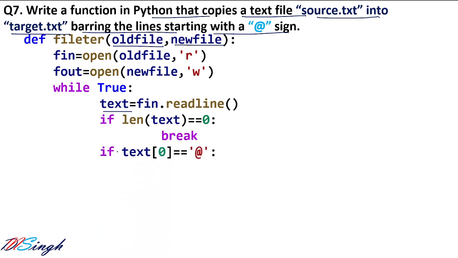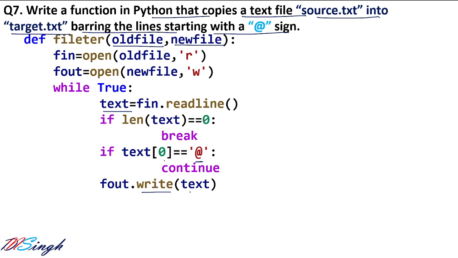Otherwise, check if at the 0th index the @ is there, then continue, don't do anything. Otherwise just write whatever is in the line, the text, and write it inside. As text is a string, we have utilized the write function, not writelines, because the writelines function will write a list of lines.